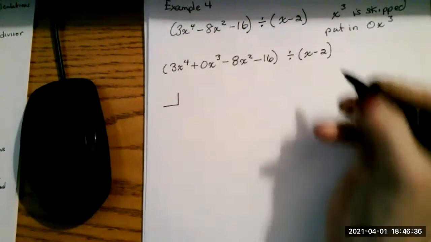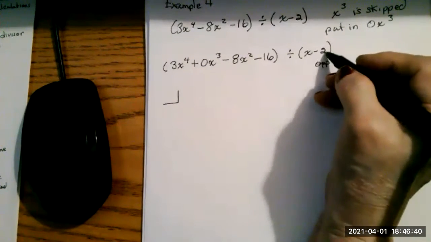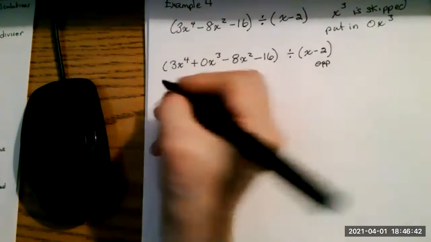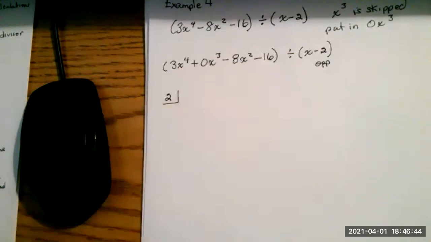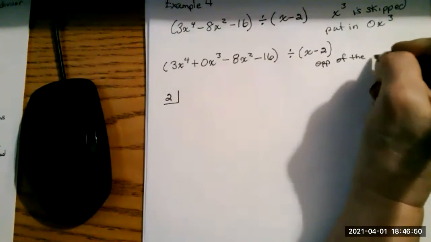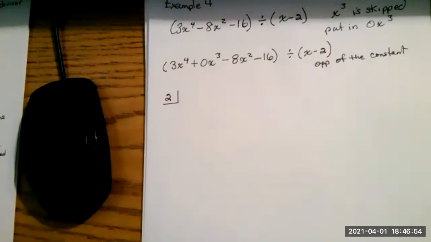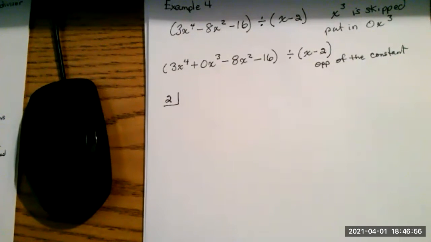And in my little box is where I take the opposite. This is negative 2, so what I'm going to put in there is positive 2. You take the opposite of the constant. Negative 2, I put in positive 2 in my little box.